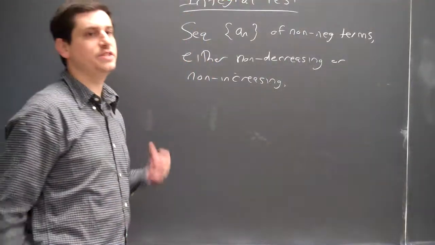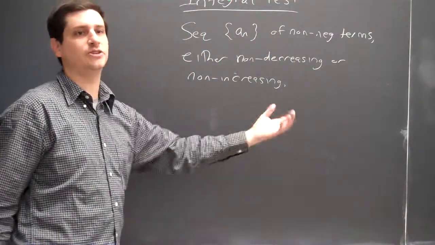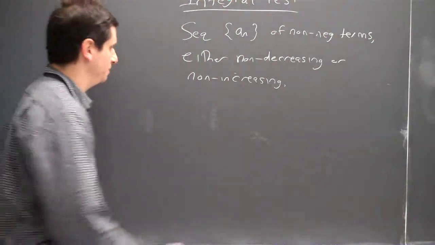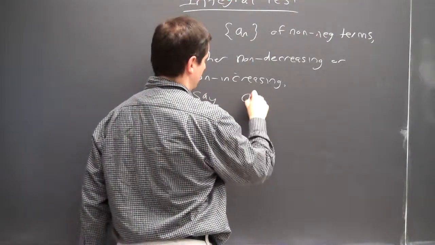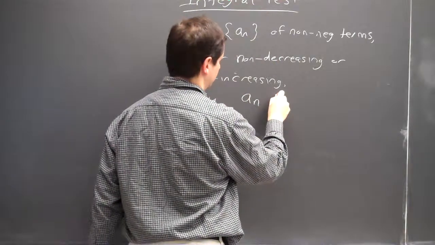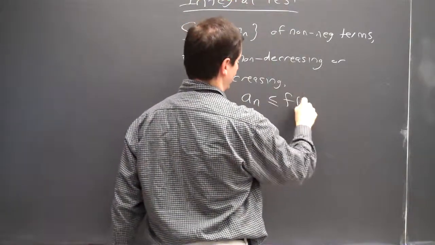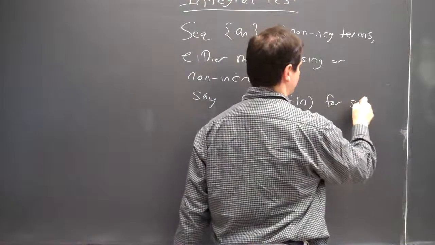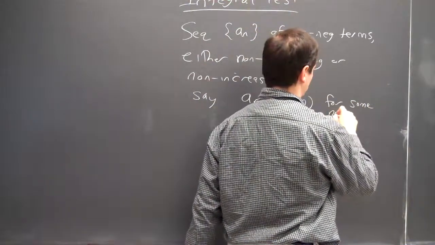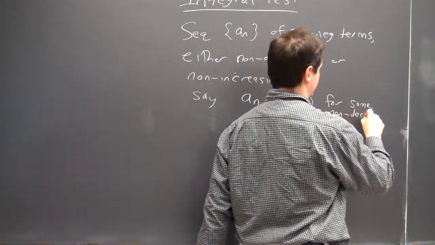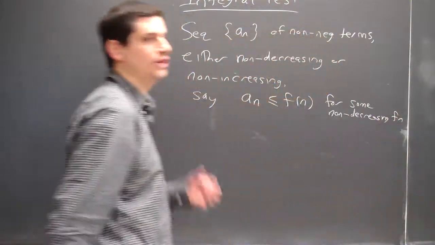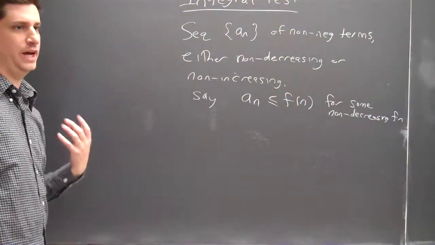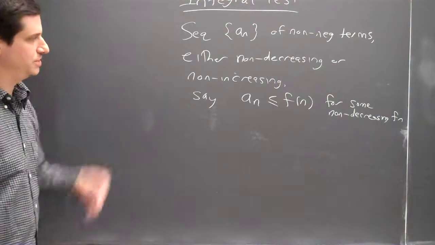So the sequence is either never getting smaller or never getting larger as you walk down, one or the other. And let's say you have a_n is less than or equal to f(n) for some non-decreasing function. And of course, you could have something very similar for a decreasing sequence.